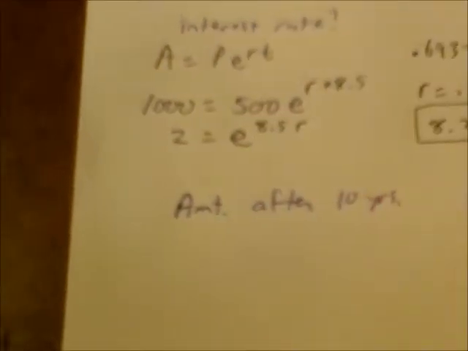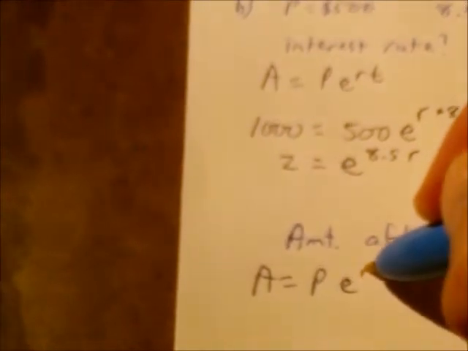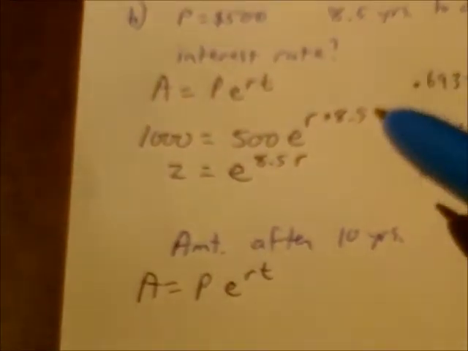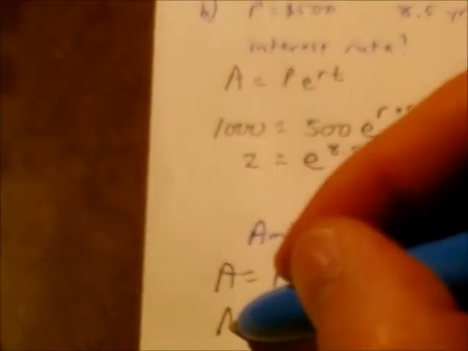Then, using the same information, we want to find the amount after 10 years. Still using the formula. I like writing the formula down when I'm teaching this stuff because it makes it easier for you to follow. A equals P e to the rt. So we're going to put in $500, and we don't know the amount.